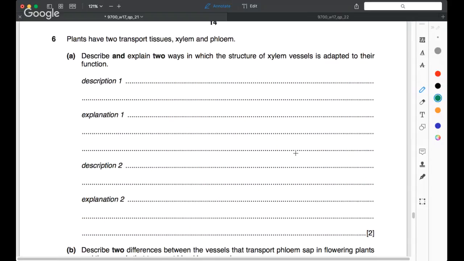It contains a hollow lumen, the xylem vessels, in order for minimal resistance against the water and mineral flow through the vessels. So what does that give you then, in terms of flow? A higher rate of transpiration. Good. You get the marks there.